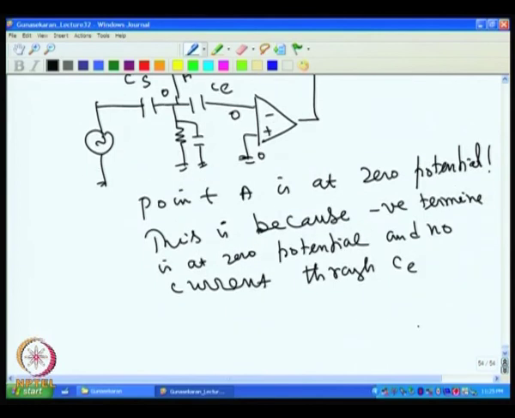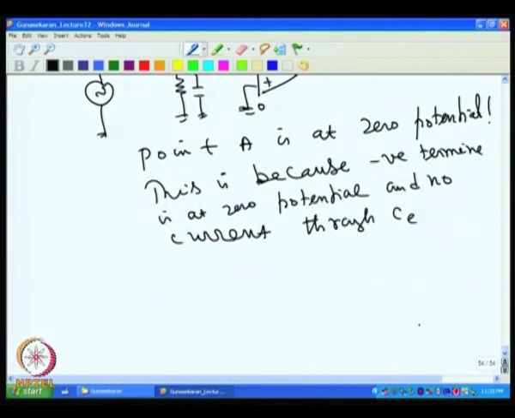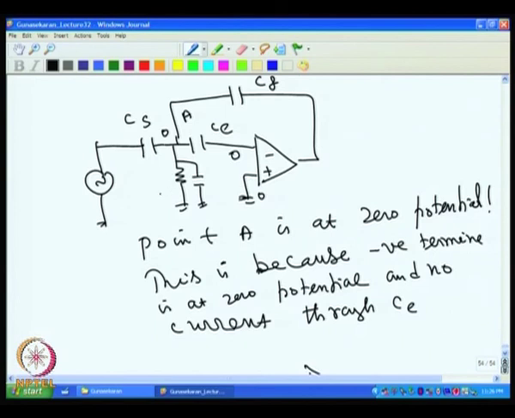So, we can now draw the equivalent circuit like this. If this is 0 potential, I can ignore this as well as this, because there is no current through this. So, all these three parts can be ignored.